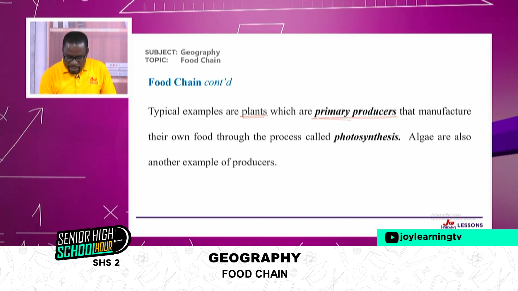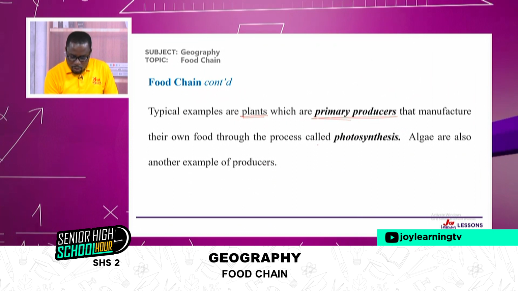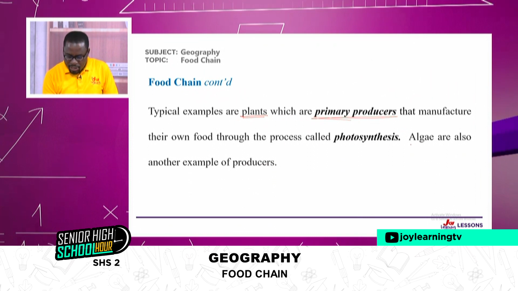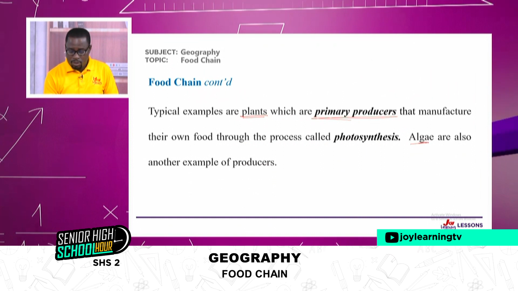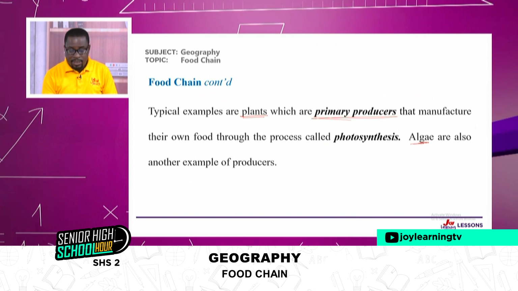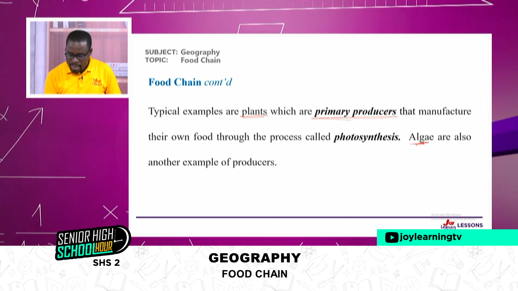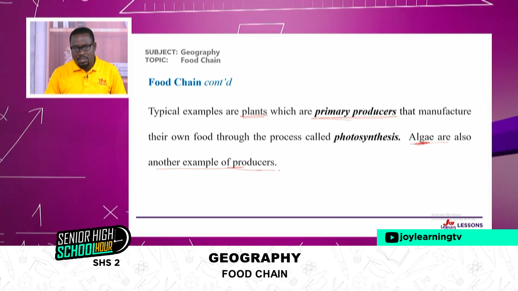So we are saying that this primary producer manufactures its own food through the process called photosynthesis. Good. Algae. Okay? By way of pronouncing it, according to the British, it is algae. By the Americans, algae. Okay? So let's go by the algae. And these algae are also another example of what? Producers.